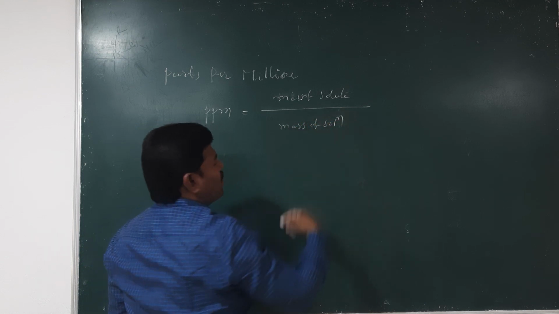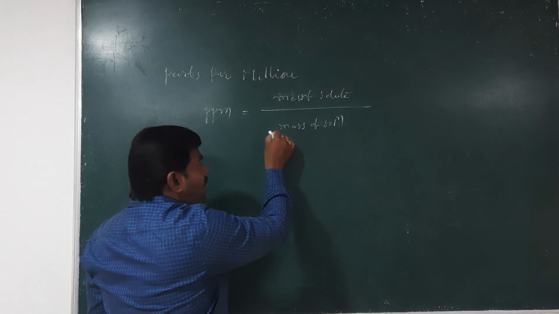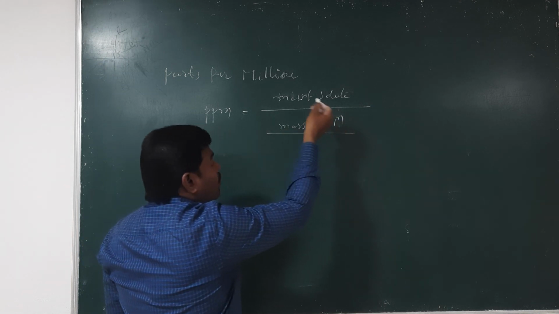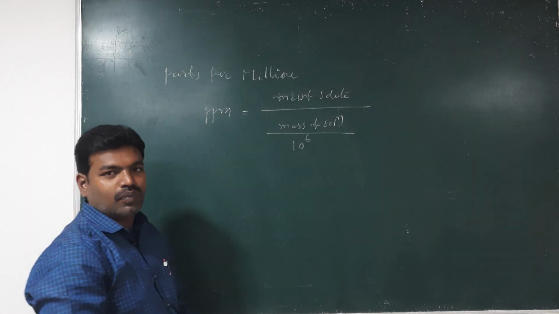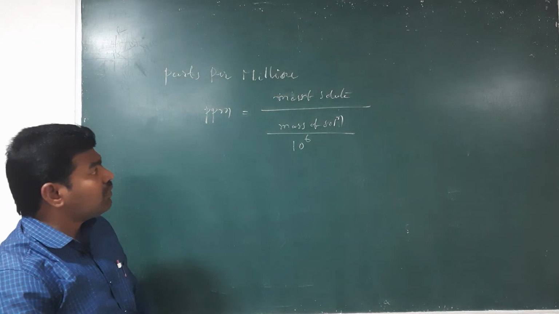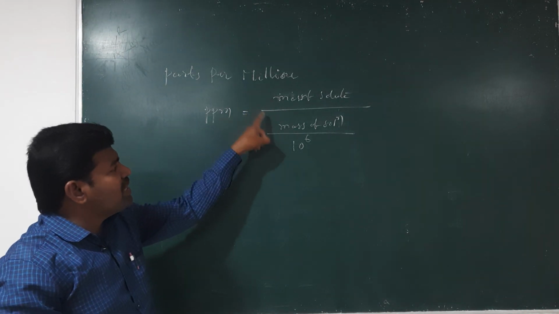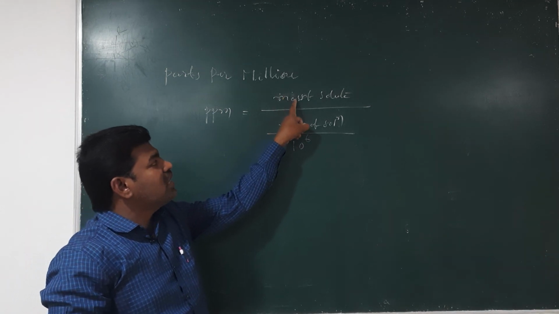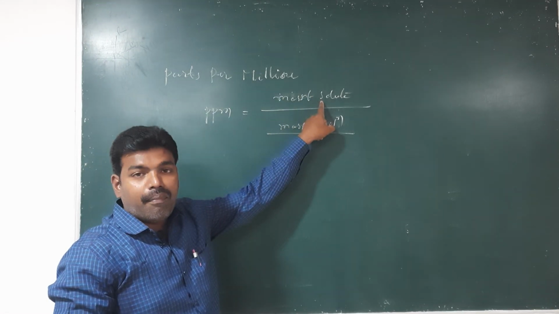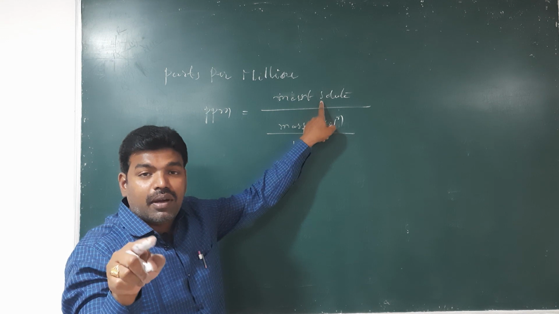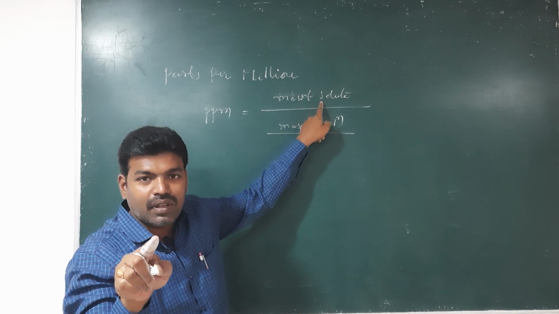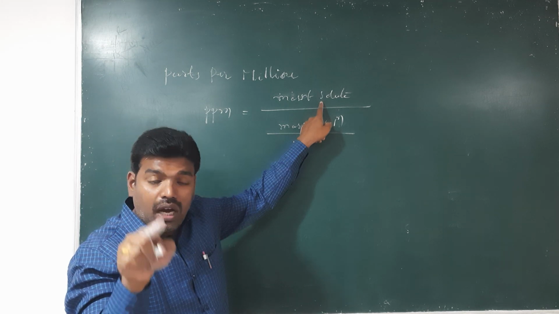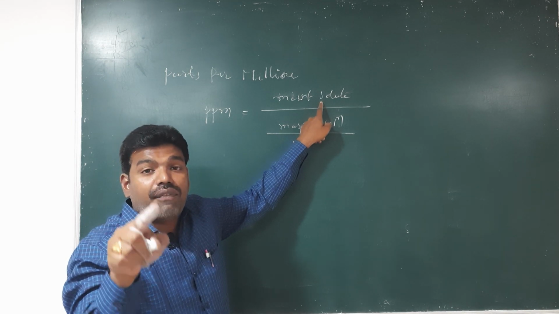Millionth means 10 power 6, so ppm is defined as mass of solute present in a millionth part of mass of solution.